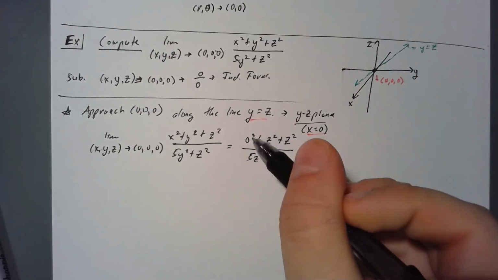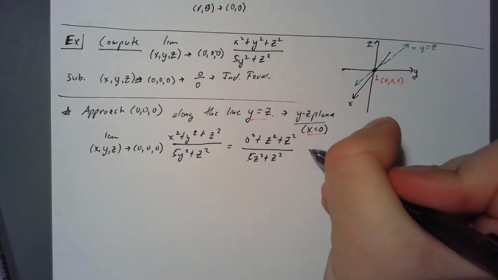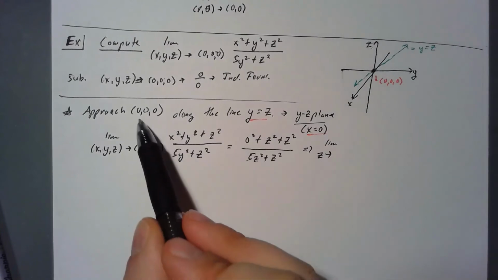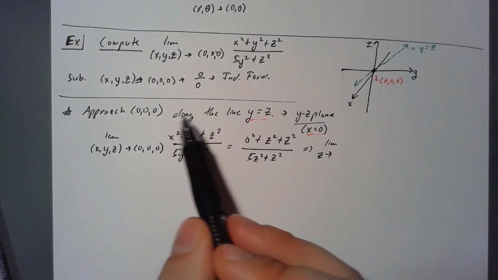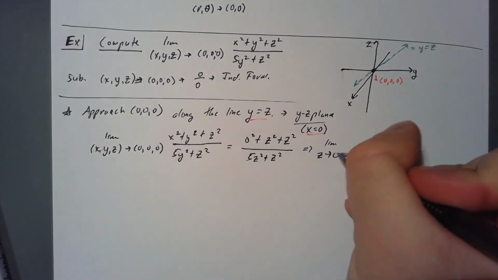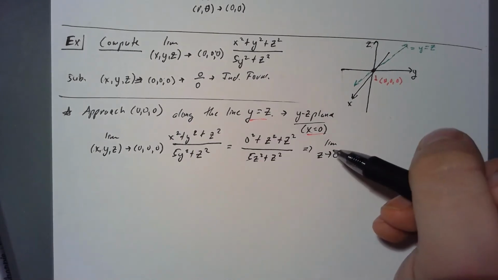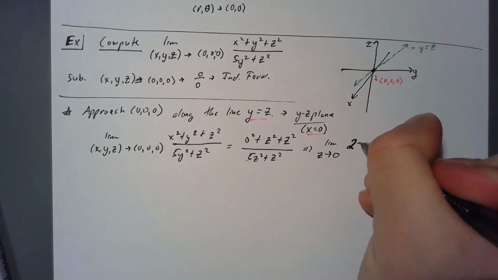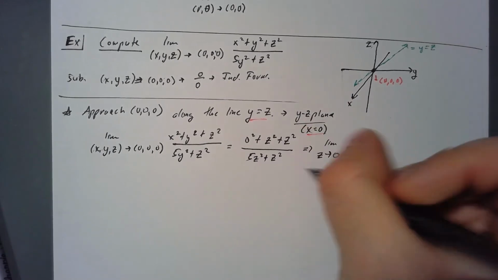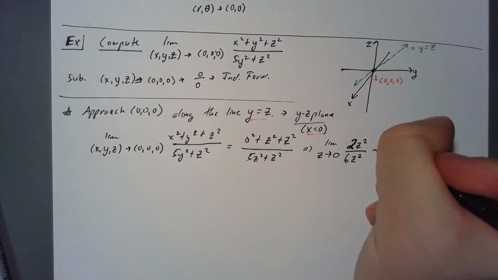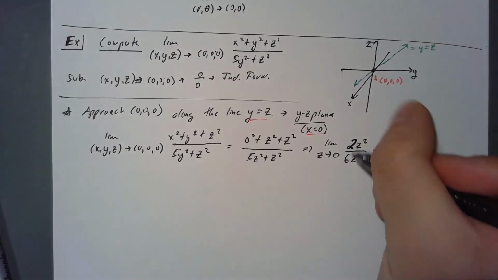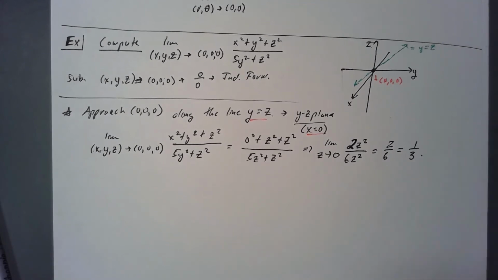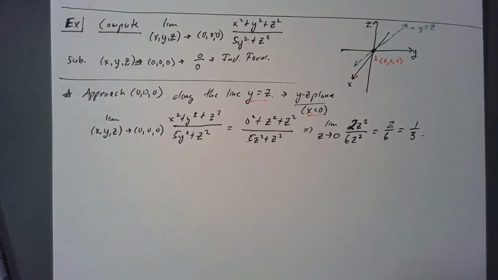Since the only variable I have left is z, I'm just dealing with the limit as z approaches 0, since I'm approaching 0, 0, 0, of whatever this simplifies to. So I'm going to get 2z squared all over 6z squared, which is obviously 2/6 or 1/3.